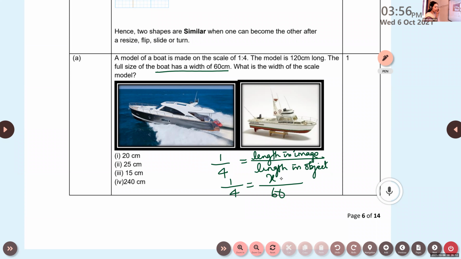Yes. 15 centimeter. Okay, it is 15. You cross multiply, you get the answer. And simplifying, you'll get the answer as 15.